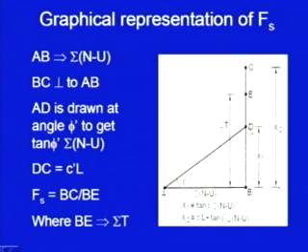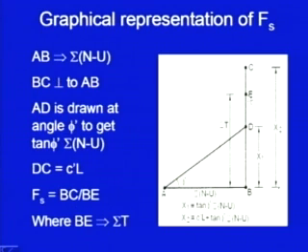This is the frictional component, and then extend it up to C, and DC is equal to the cohesive component C dash into capital L. So, BC becomes the total numerator of the factor of safety expression, and then divide it by BE.